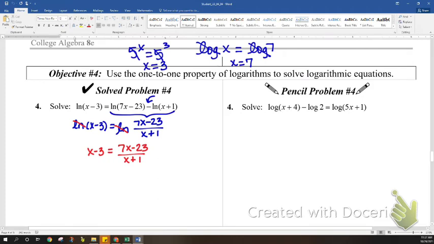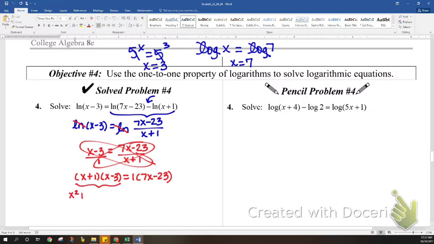All right, but remember, because you have a fraction with an equal sign here, we could put that over 1 and just cross multiply. So we end up with x plus 1 times x minus 3 equals 1 times 7x minus 23. All right, I'm going to have to do FOIL over here.